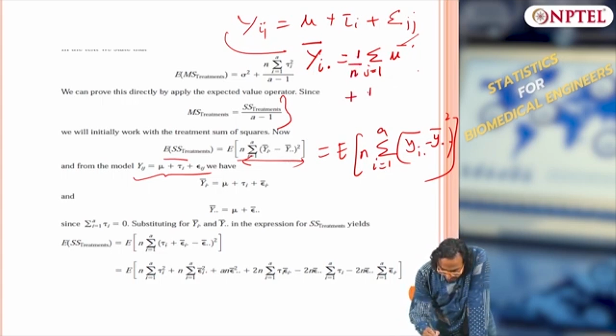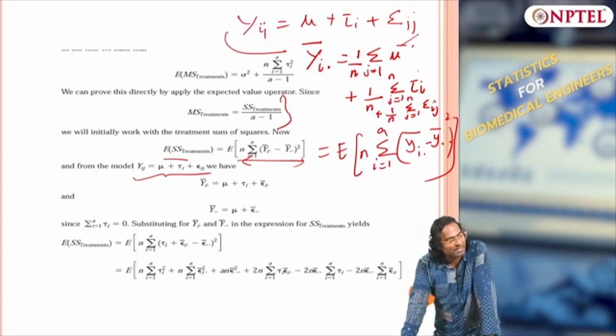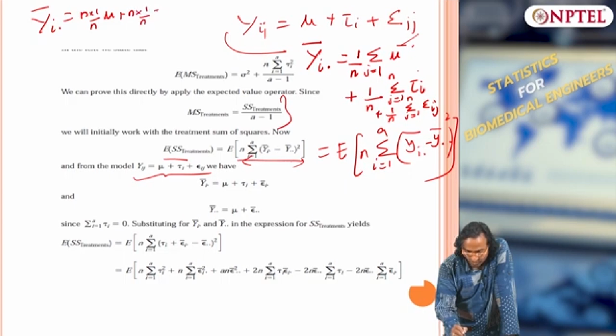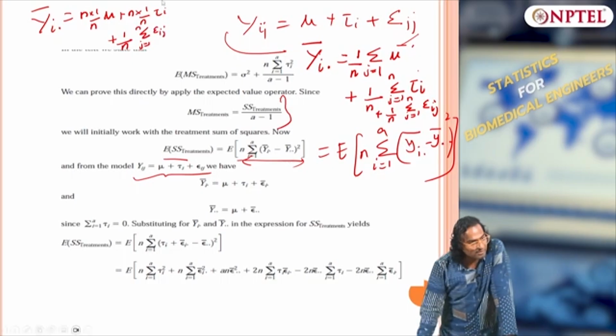Similarly, plus sum along j axis and take a mean along j axis. First term, if you take a sum along j axis and take a mean, what will happen? yi dot bar will be equal to n into 1 over n times mu plus n into 1 over n times tau i plus 1 over n times summation j equals 1 to n epsilon ij, right.